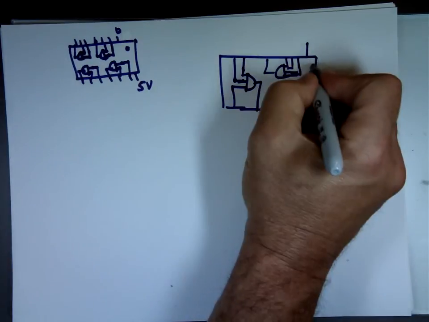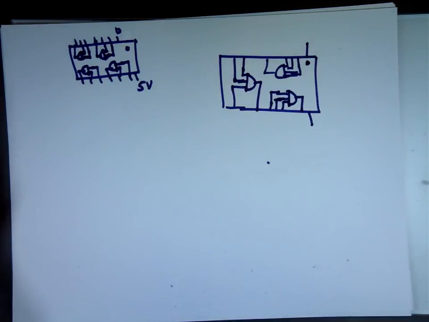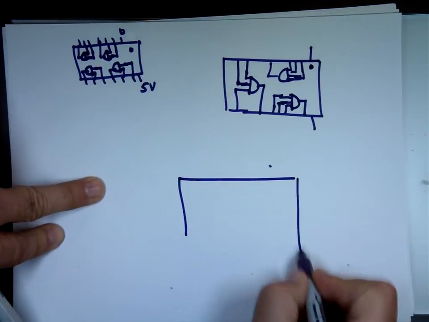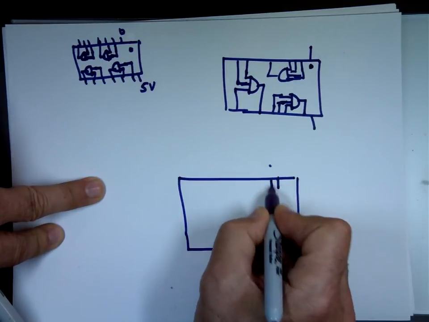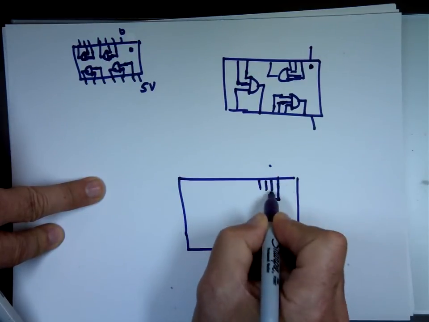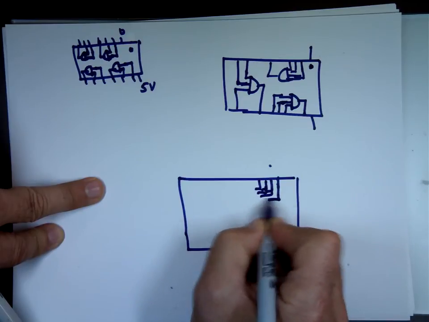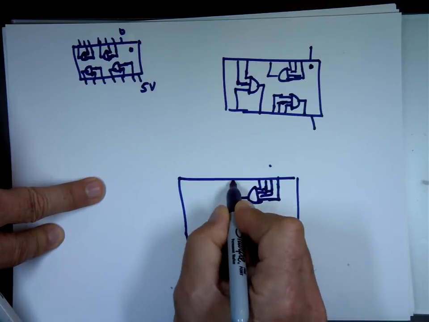So you'll have 3 of them. And the ones with 4 input OR gates, you're going to need 1, 2, 3, 4 just to make one of them. What's the VCC? 5 volts. 5 volts.